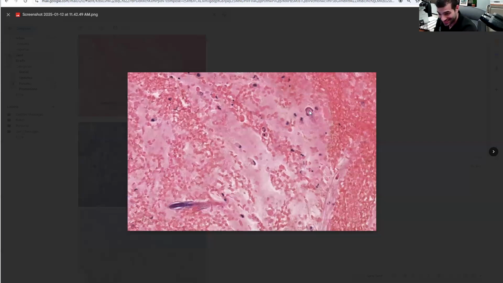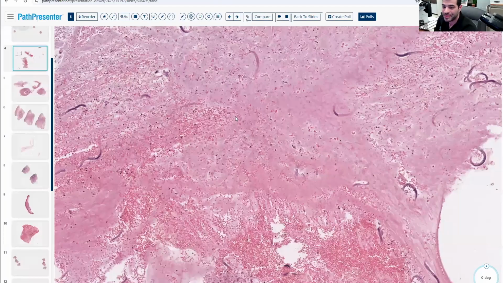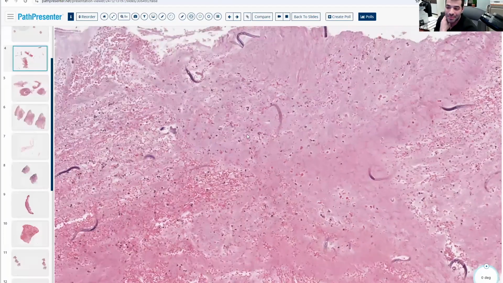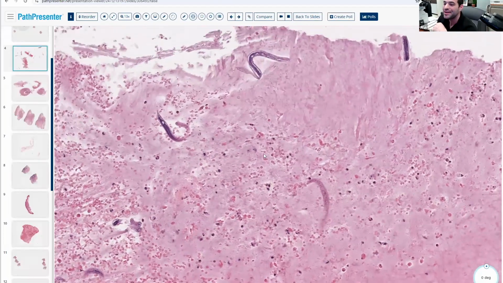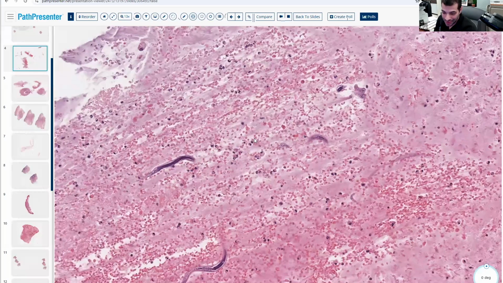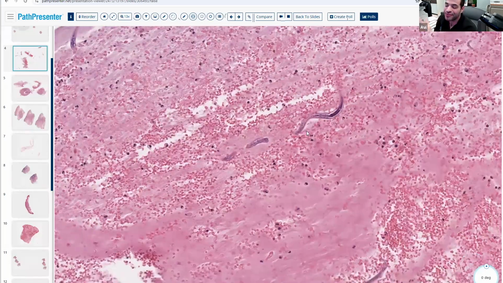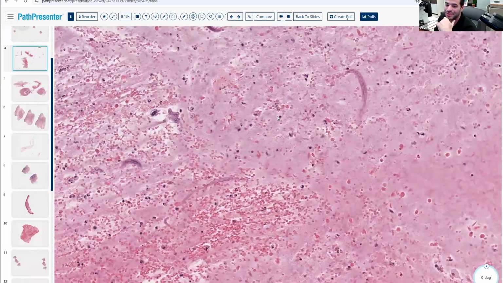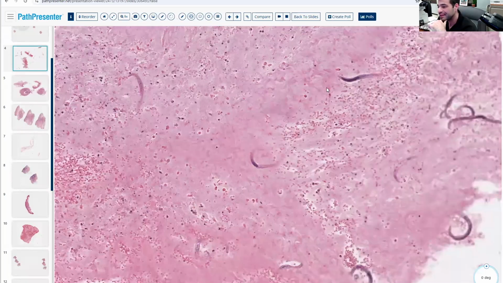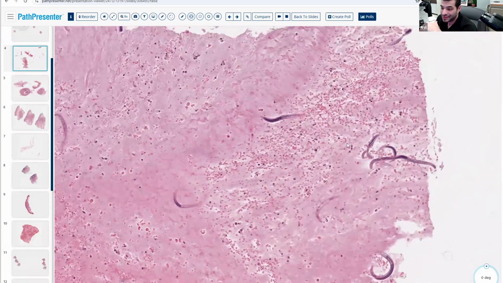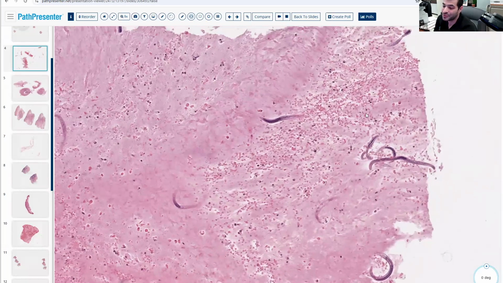But so is this. And we'll see some other examples where larvae can be something called microfilaria, not just rhabditiform or filariform larva, but there also is a thing called microfilaria. In any case, you should be able to identify this as a worm, clearly.